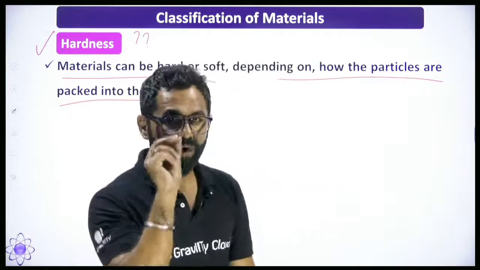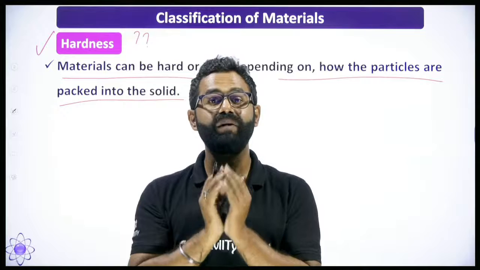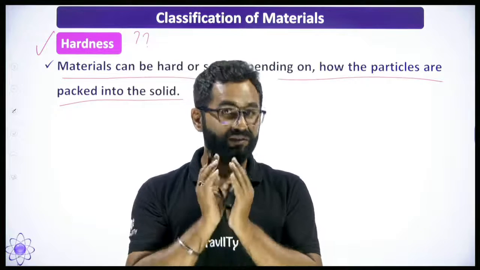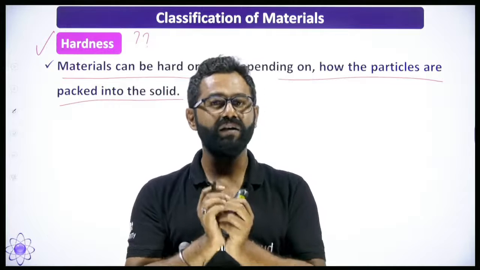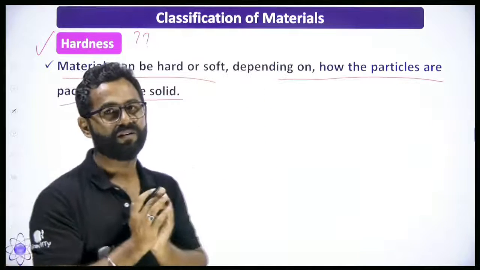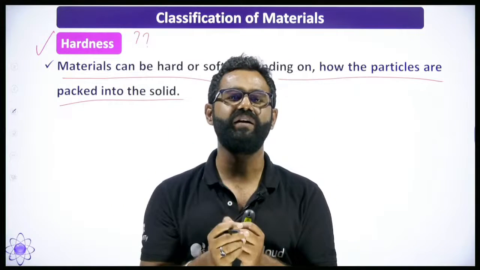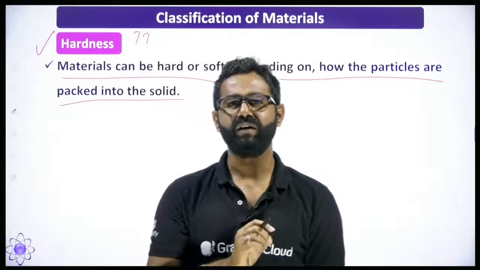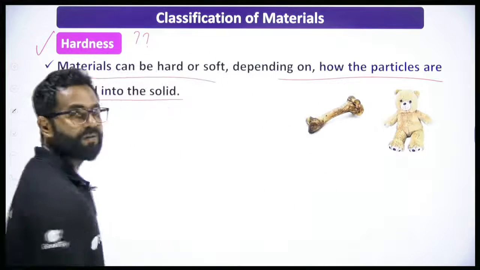How these small pieces are packed together, the hardness depends upon that. If the particles are packed together in a perfect manner, the material will be hard. But if the particles are arranged in a very loose manner, the material will be soft. Simple, right?